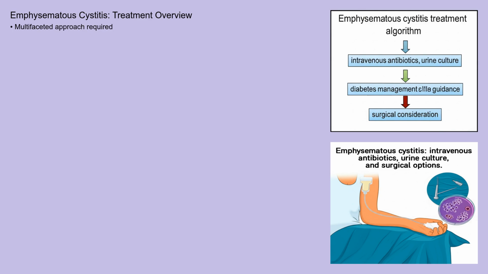This involves insulin therapy and close monitoring of glucose levels. In some cases, bladder drainage may be necessary, especially in patients with urinary retention. This can be achieved through a Foley catheter or, in severe cases, suprapubic catheterization. In rare instances, surgical intervention may be required to remove necrotic tissue or drain large gas collections. Close monitoring for complications such as sepsis and electrolyte imbalances is essential.